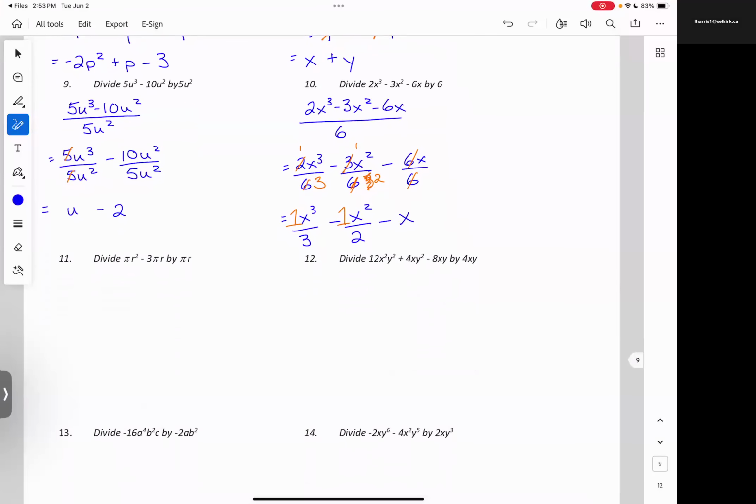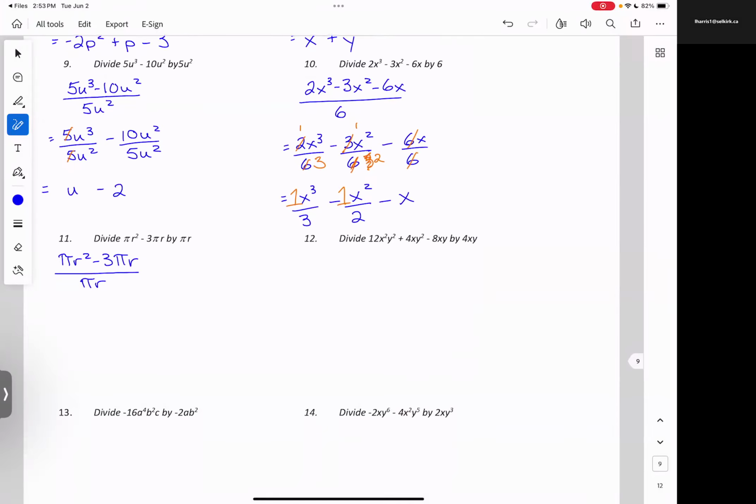Okay, next one. We've got some pi's. So pi r squared minus 3 pi r. And that's all being divided by pi r. So pi is just a number. You can think of it like a 5 or an x. Think of it like a variable, like an x. It's going to cancel the same way. So we're going to start by splitting up our denominator.